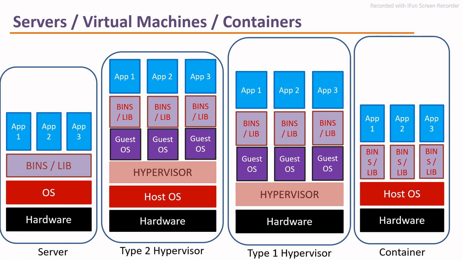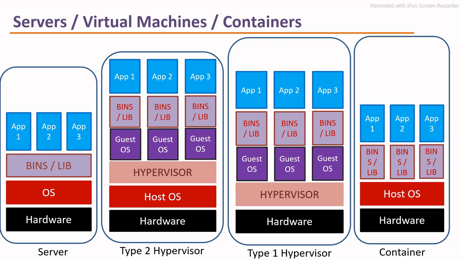We have two types of hypervisor, type 1 and type 2. The main difference is that a type 1 hypervisor runs directly on the host hardware, while a type 2 hypervisor runs on an operating system similar to other computer programs.